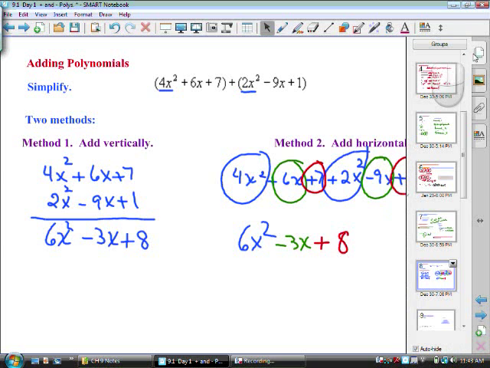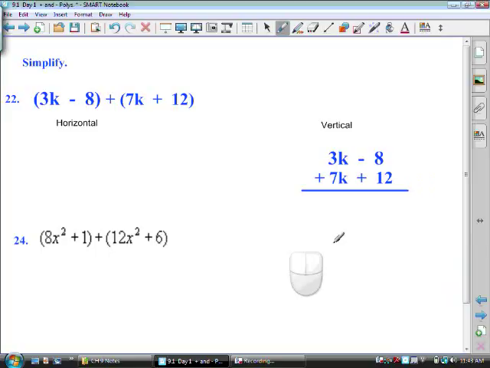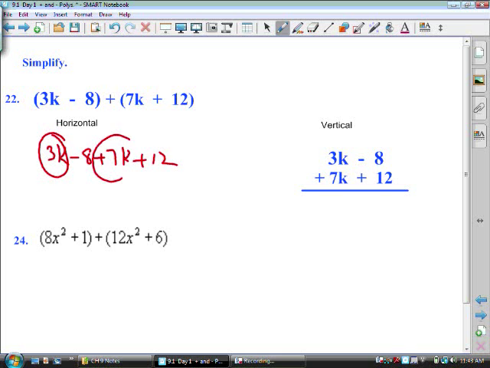Try some more. All right. I think I'll do this one first horizontally and then vertically. All right. So I've got 3k minus 8 plus 7k. I'm adding, so it's plus 7k plus 12. All right. Then combining like terms, you've got 3k plus 7k.